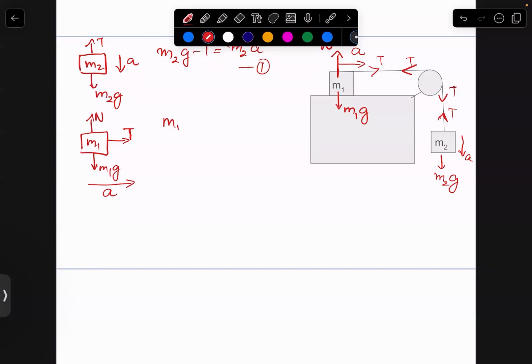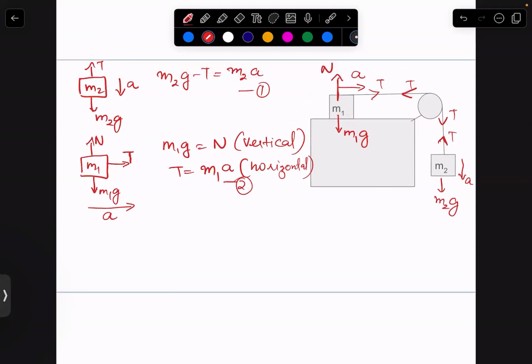So M1G is equal to N. So that is sorted. Horizontally, what is happening? T is the only net force in the horizontal direction, right? So T is accelerating this block M1 with an acceleration of A. I'll take this as equation 2. So T equal to M1A. So we got that, right? T equal to M1A.